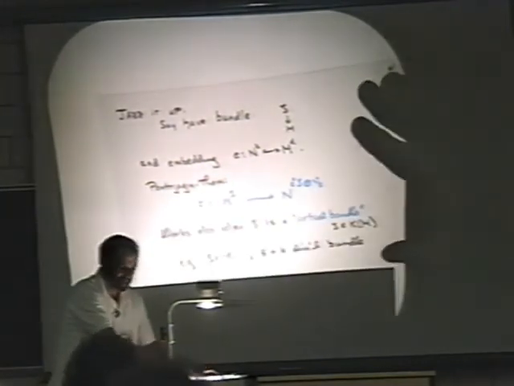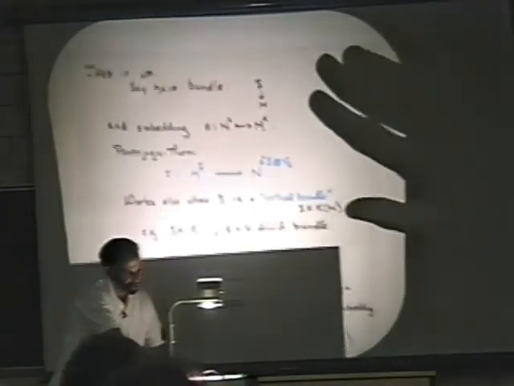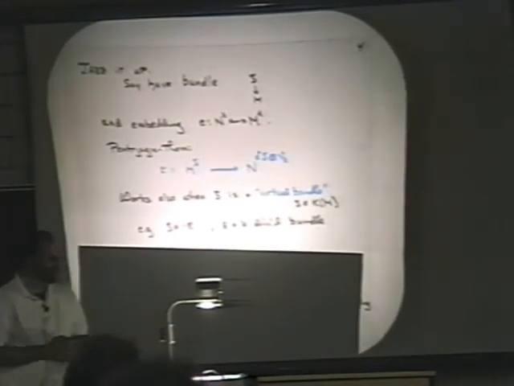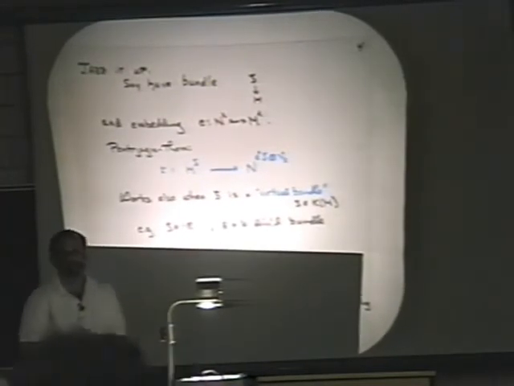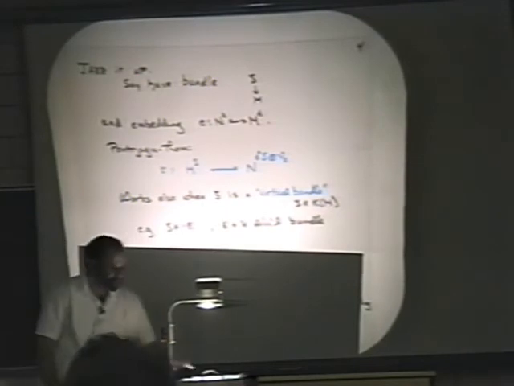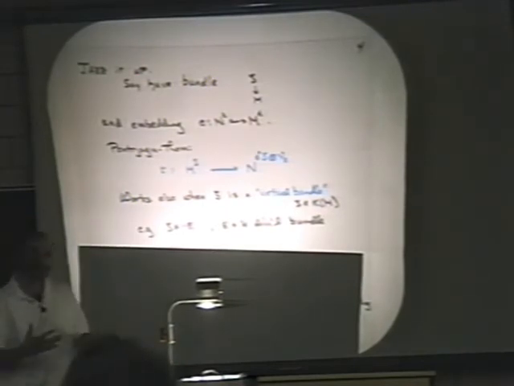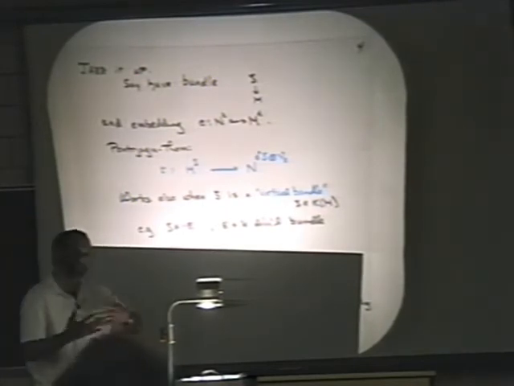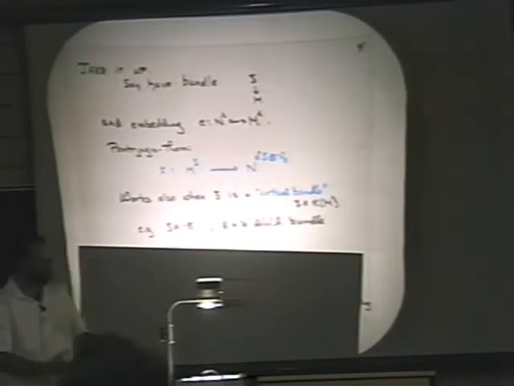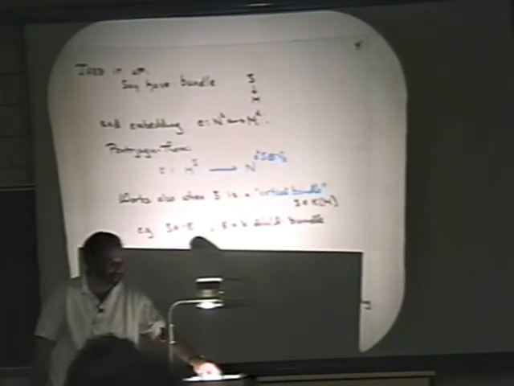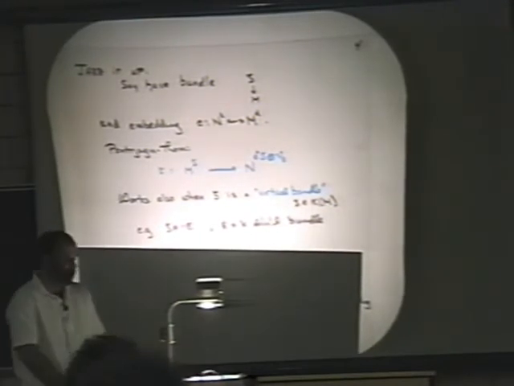Now I want to jazz it up one step more. This also works when zeta is a virtual bundle. By a virtual bundle, strictly speaking, I mean an element of K-theory, but I just mean a formal sum and difference of bundles. So you can have a formal difference of a bundle, like minus an actual bundle.